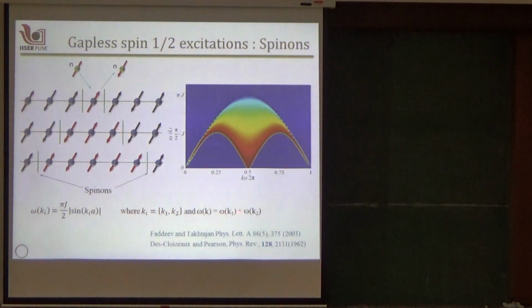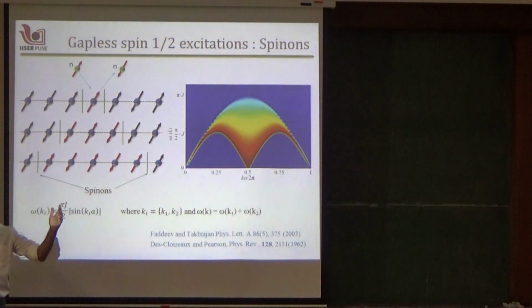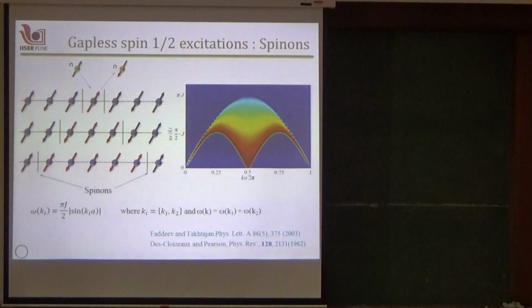So here omega k1 and omega k2 refer to the energies of the two spinons, and k1 and k2 are their respective momenta. So now I have shown you that the chain actually behaves as spin half particles, which are called spinons.